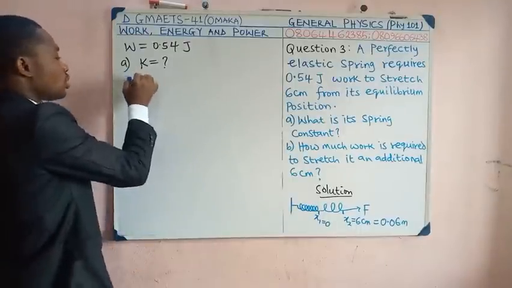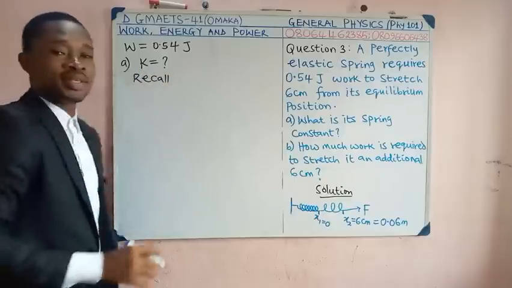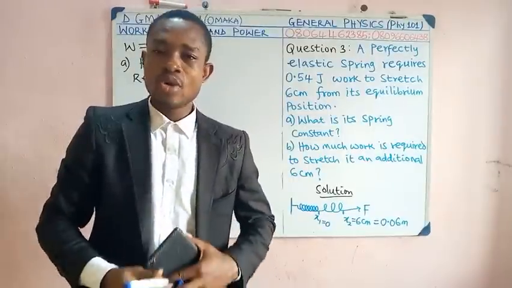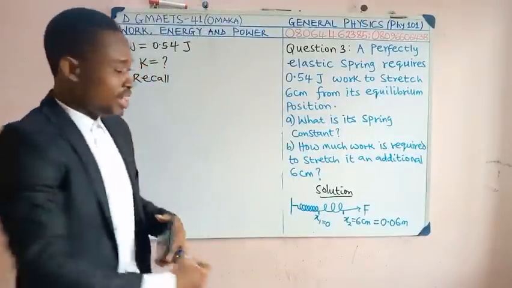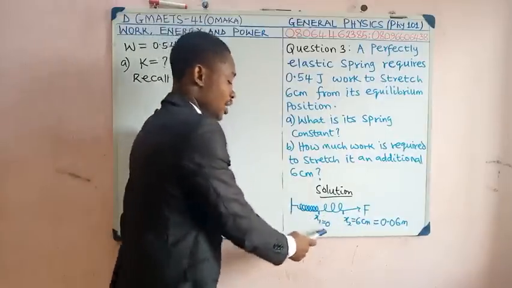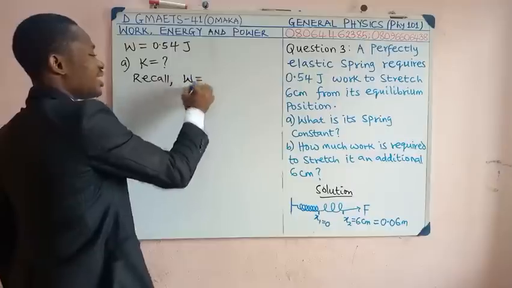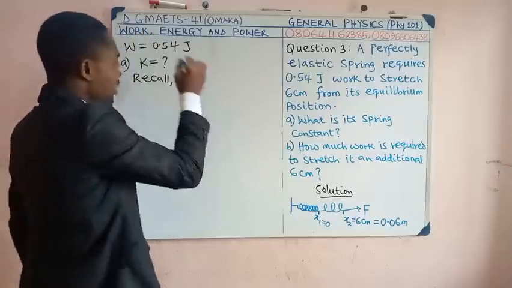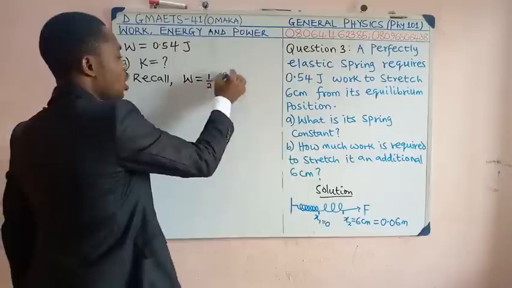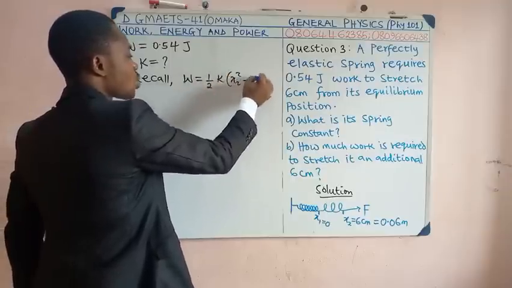If we want to calculate the spring constant and we know the work done, and the extension is given, we have the values of x2 and x1. We recall that work done on an elastic spring is equal to 1/2 k (x2 squared minus x1 squared).